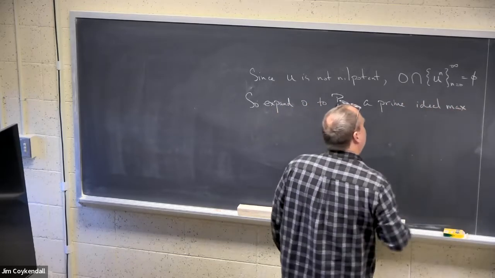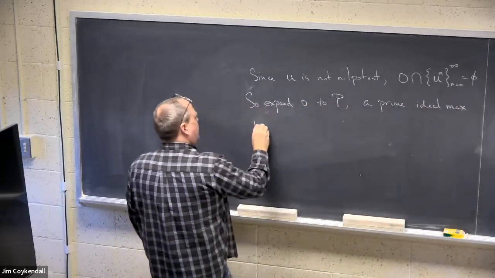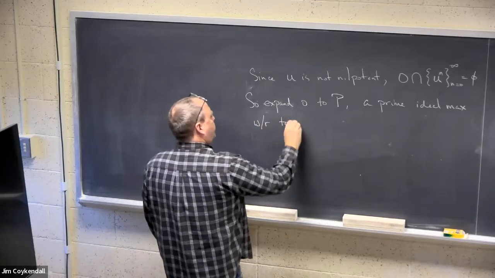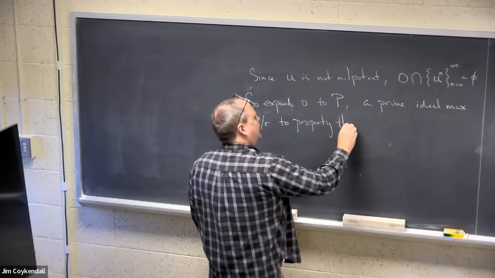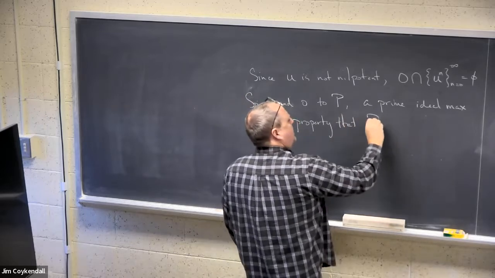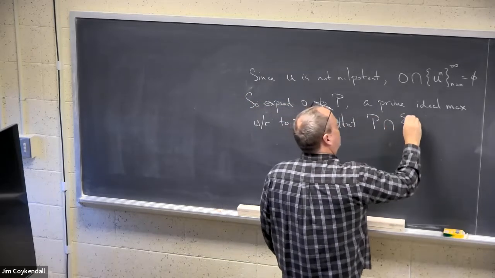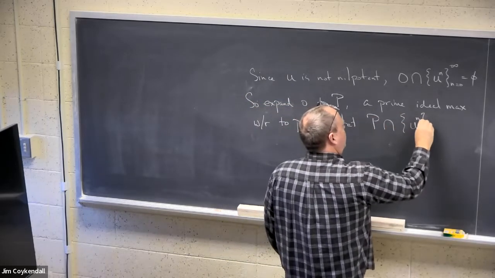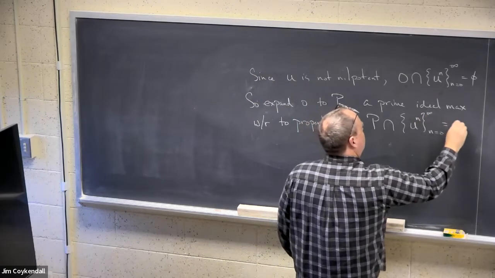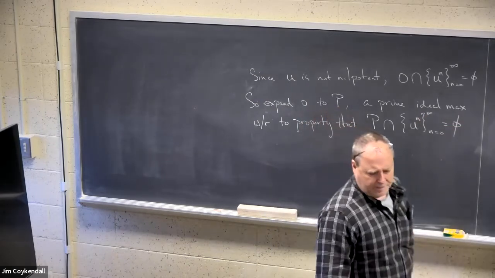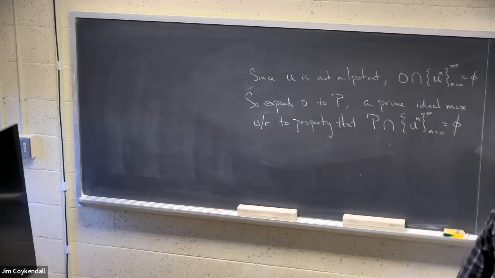A prime ideal P maximal with respect to the property that P intersect the set of powers is empty. It's amazing how many times we use this over and over.